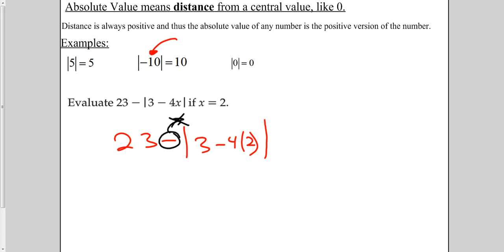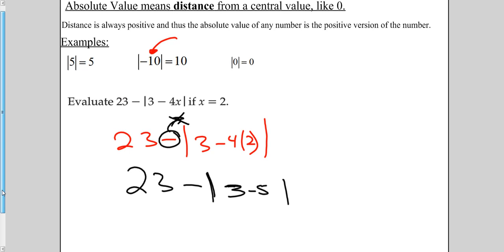What we're going to do is simplify everything inside the absolute value. Then when we get it down to its simplest form, we take the non-negative version, or the positive version if it's a negative number. Then we take that out and do everything else in the problem afterwards. So we have 23 minus, well, I have 3 minus 4 times 2, which is 8. So I have 3 minus 8 in the absolute value.